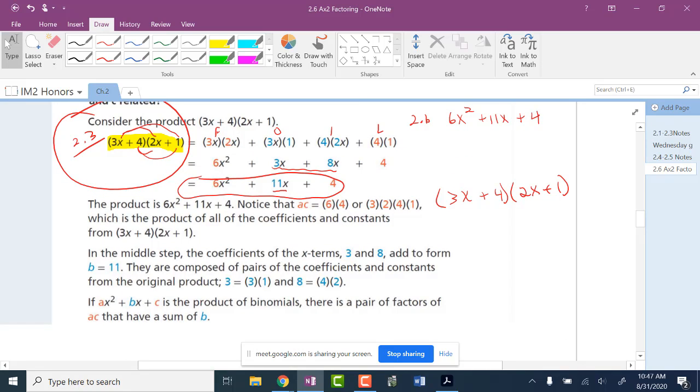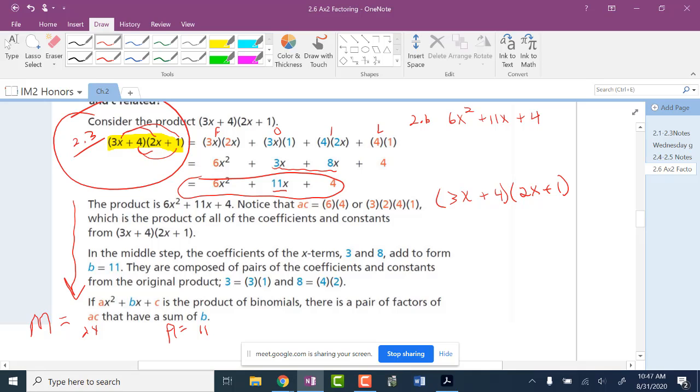But they go through a whole description right here. The product of 6x squared plus 11x plus 4, notice there's an AC component. See what 6 times 4 is, and that's actually 24. And then see what the B value is at the end, and that's 11. And what you're going to find out is we're going to do a trick for this, and this is our new MA analysis.